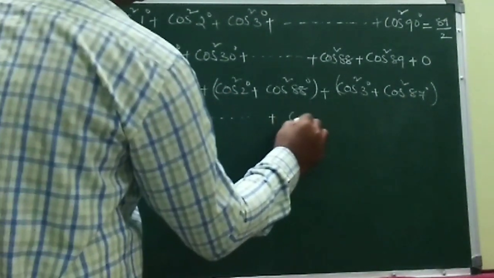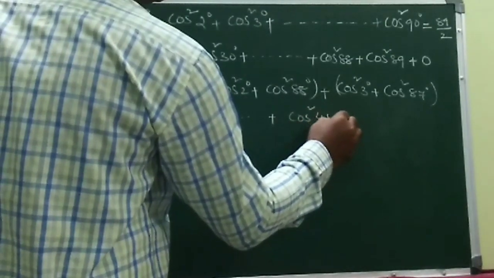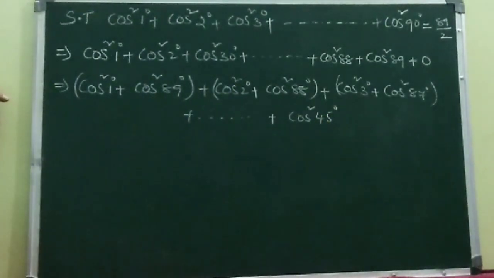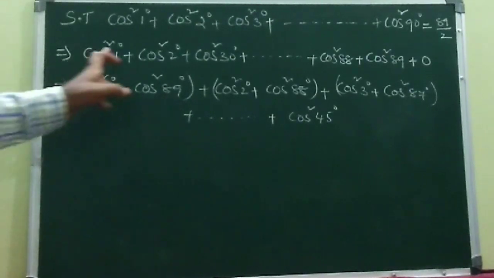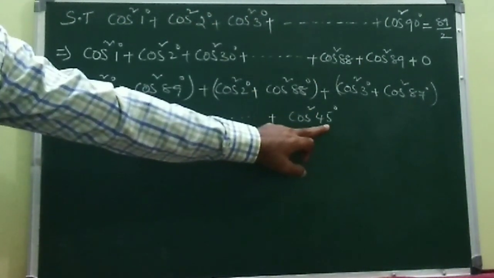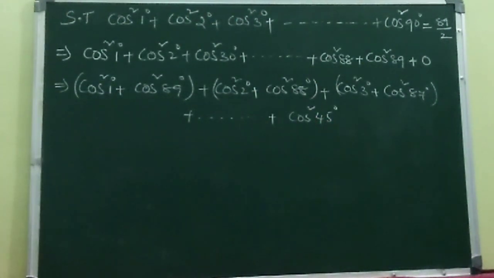And in between there will be cos square 45, which we know the standard value. In between 1 to 89, 45 is also there, no? Yes, just keep it aside.